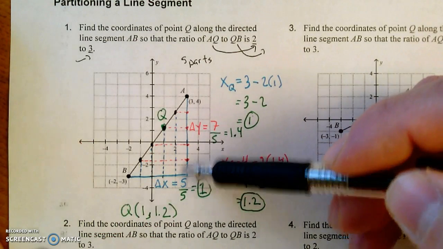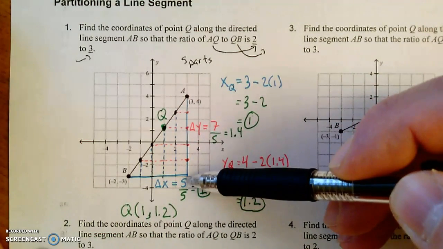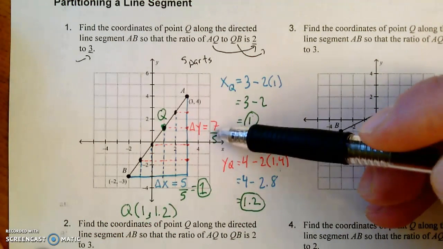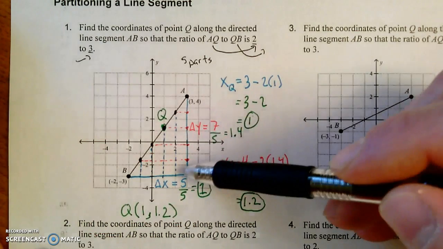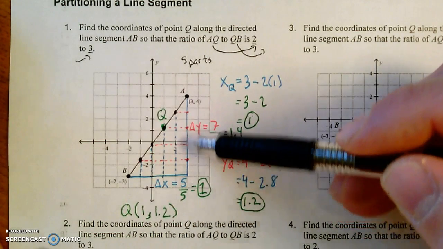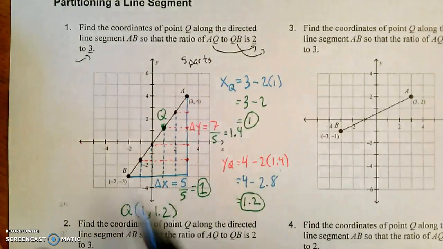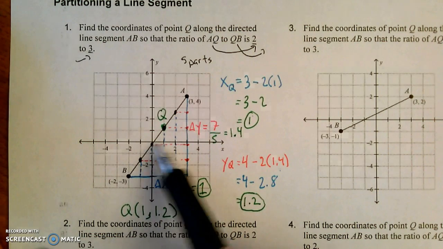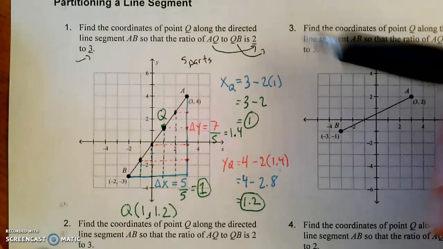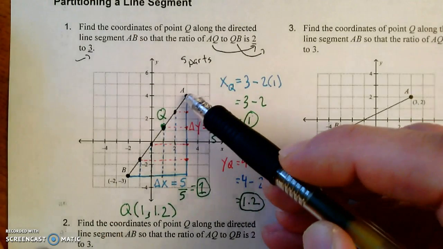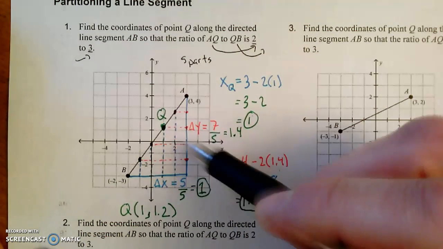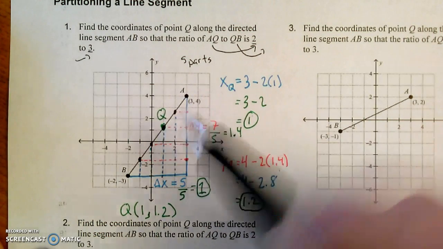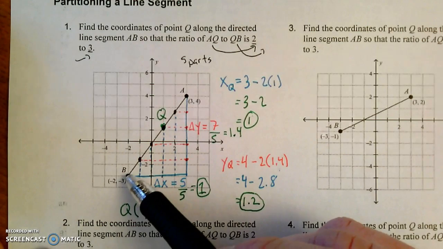Then we found our vertical distance, which was 7, and divided that by 5 to get 1.4, meaning that each of our 5 pieces would be up 1.4. So that means over 1, up 1.4, over 1, up 1.4, and so on. Once we marked our 5 portions, we placed Q right here so that 2 pieces were from A to Q and 3 pieces were from Q to B.